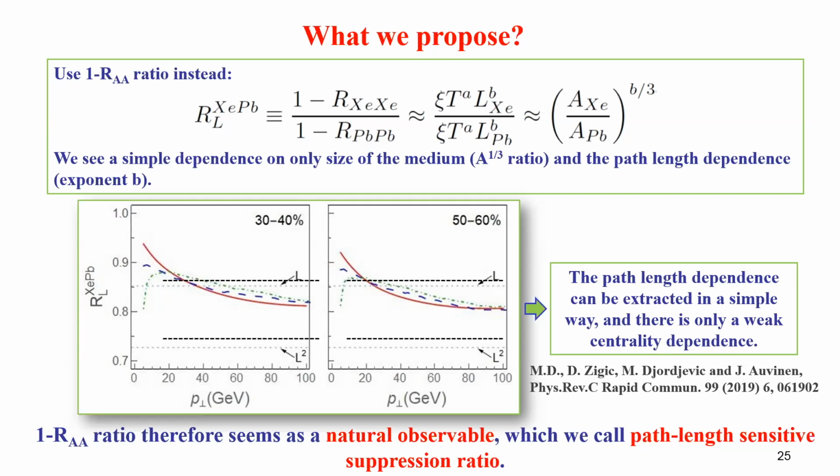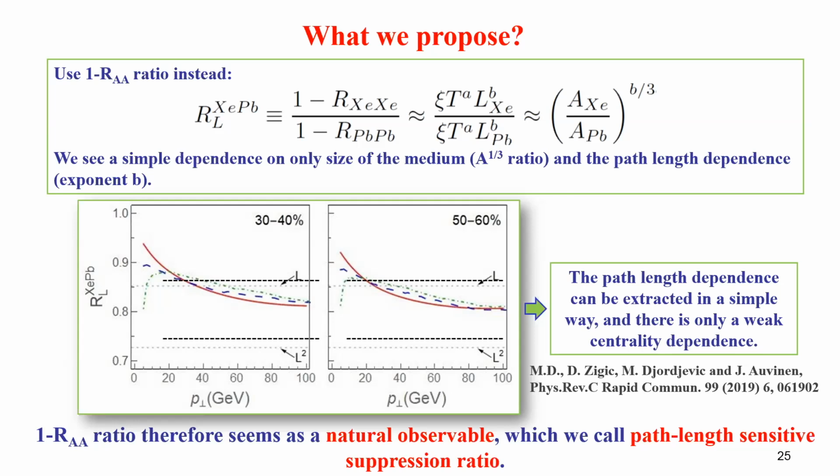Yes. I don't know if I understood you correctly, but as I said, 1 minus RAA is a direct observable of the energy loss, under the assumption that the energy loss is small. And what we have shown in a separate paper is that 1 minus RAA is proportional to V2.